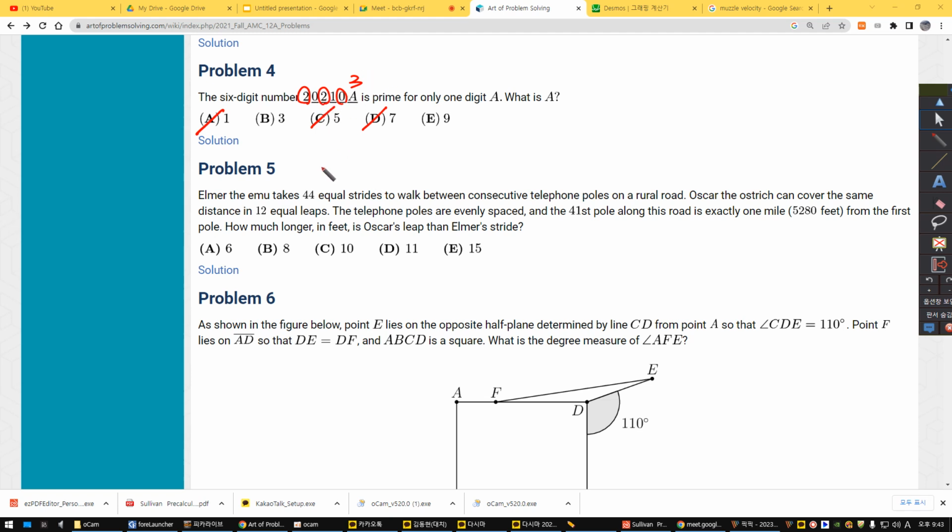When the difference is 0 or a multiple of 11, the number itself is a multiple of 11. In this case, the difference of the even digit and odd digit is 0. When the last digit is 3, that's a multiple of 11. So only 9 makes the number prime.